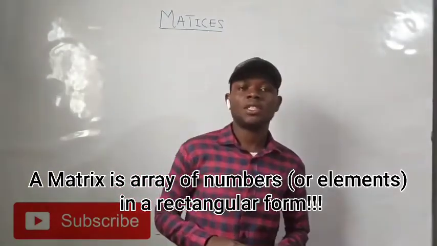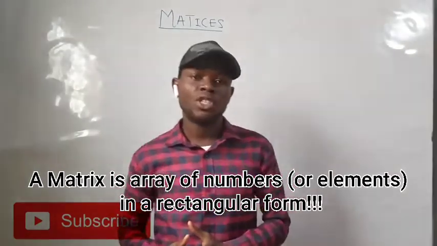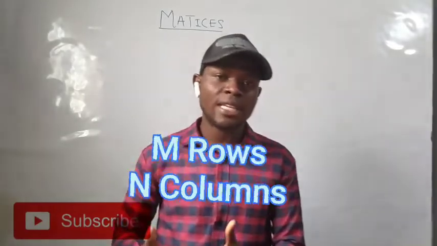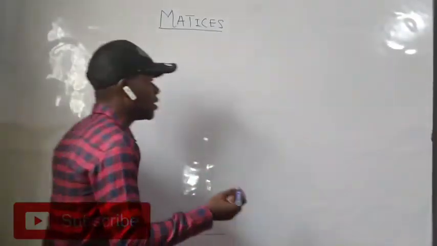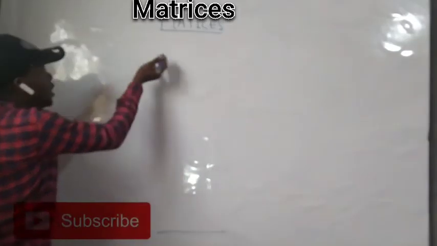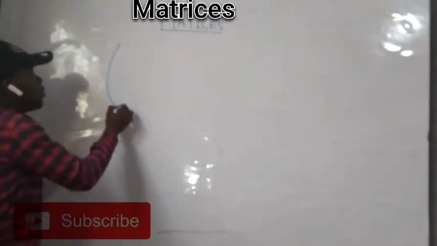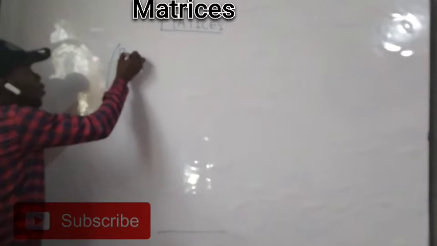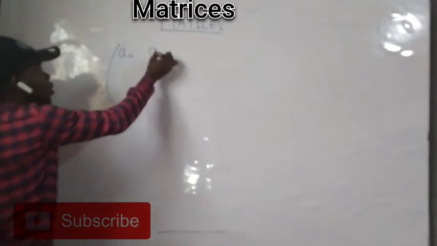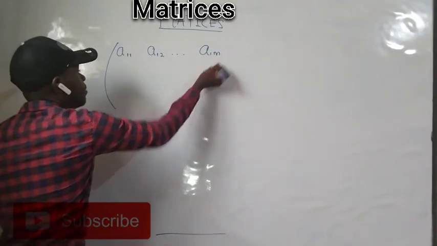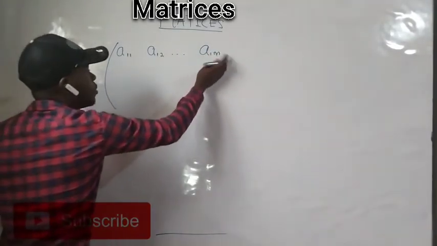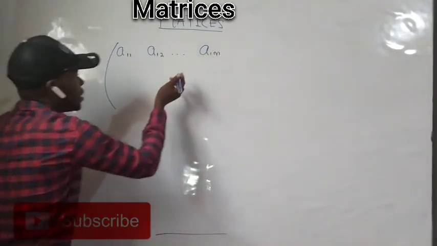Now, a matrix is called an m by n matrix if it has m rows and n columns. Basically, for instance, it would be of this form. Say A11, A12, all the way down to A1n.